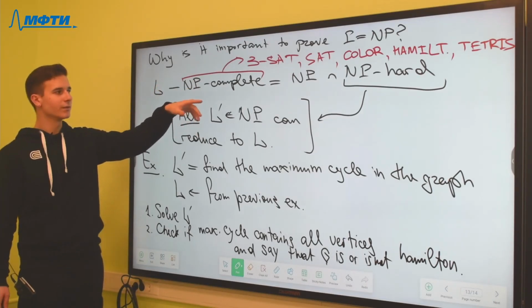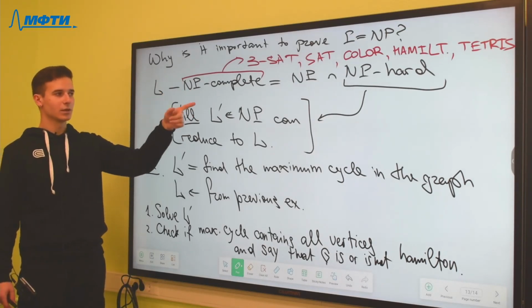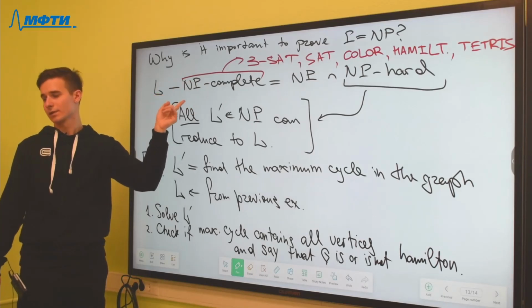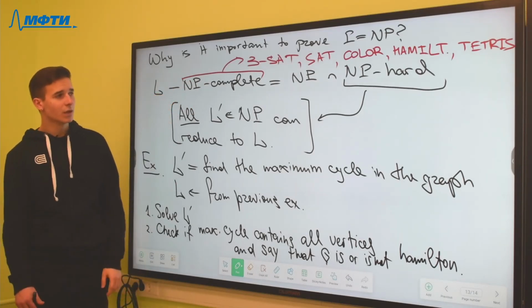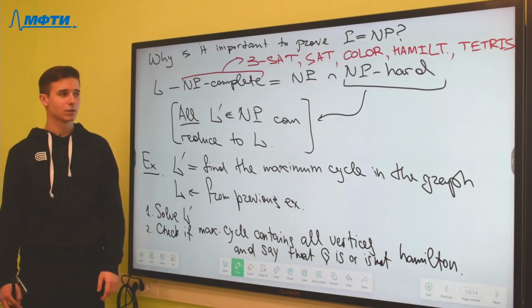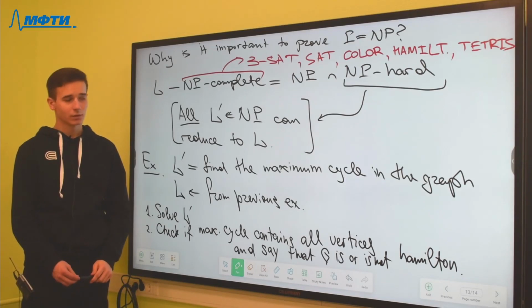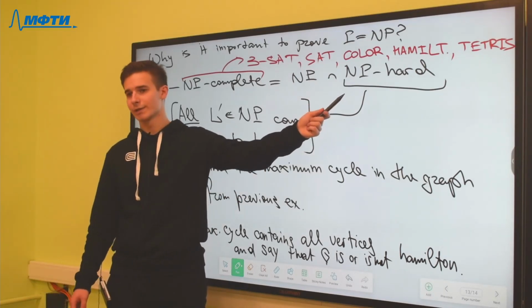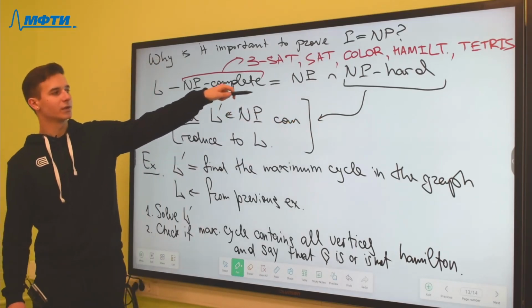And if we have a language that is NP hard and is in the NP class, then we say that it is an NP complete task. Because of course there are some exponential tasks that will be NP hard, but are not in the NP class.